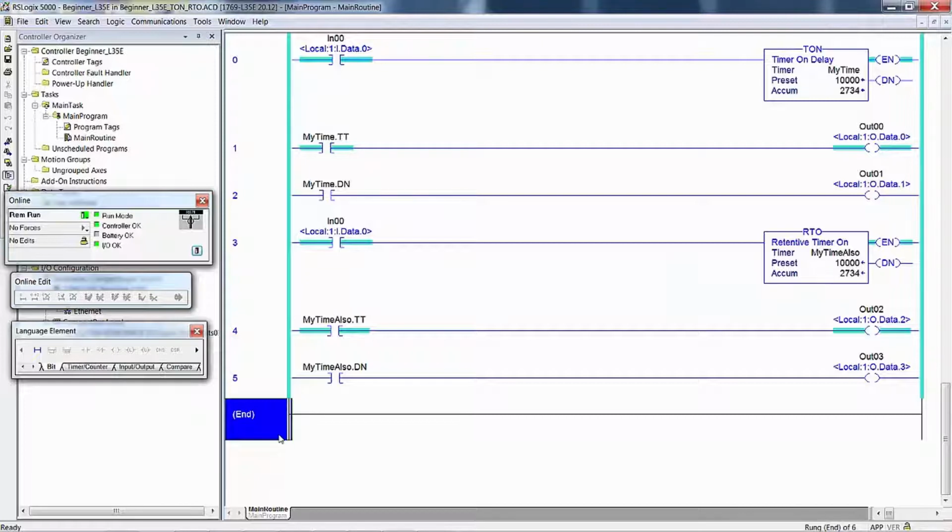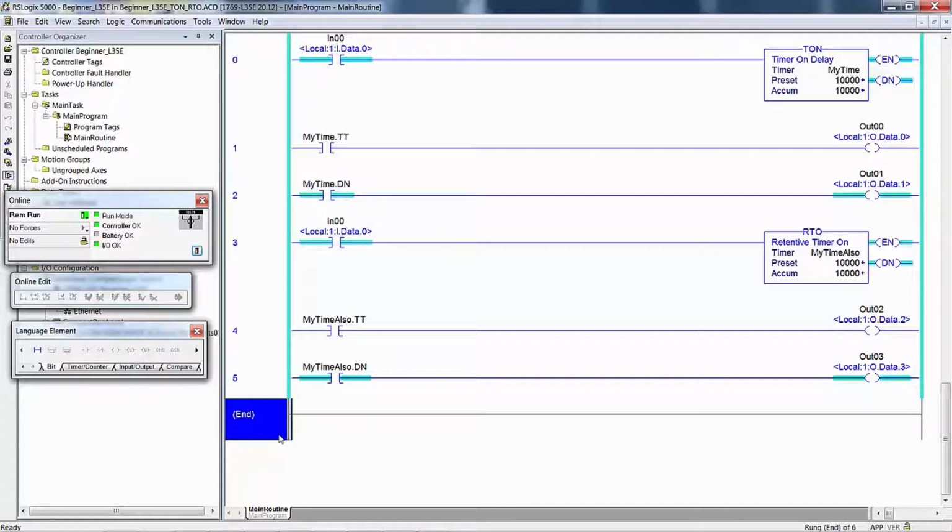So you see timer timing are both on. They're both accumulating at the exact same rate. And when they time out, the timer timing bits go off and the done bits go on. So if we look at those questions, are both timer data types accumulating? Yes. Are both of the timer instructions setting the timer timing bit to 1? Yes. Did both of the instances of the timer data type reach an accumulation that equal the preset? Yes.